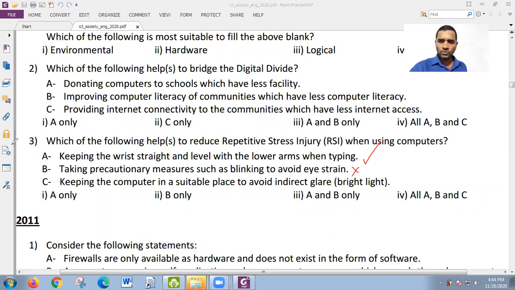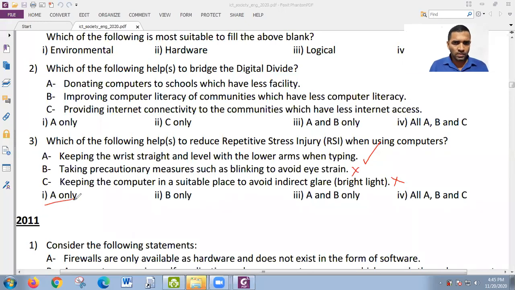So of course that is also related to CVS, computer vision syndrome, because it is related to your vision. It is related to your eyes, not related to shoulders to fingers, right? So we can ignore that. So here the best answer is A only.